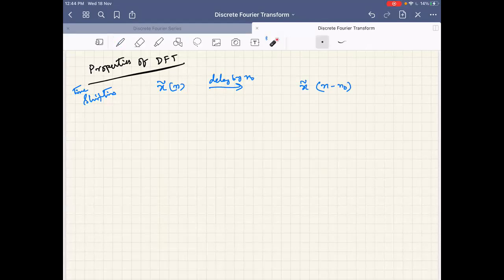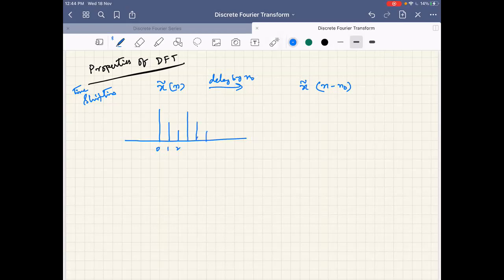That means the whole periodic sequence gets shifted like this. So, for example, if I have a sequence 0, 1, 2, the same sequence again here, 0.